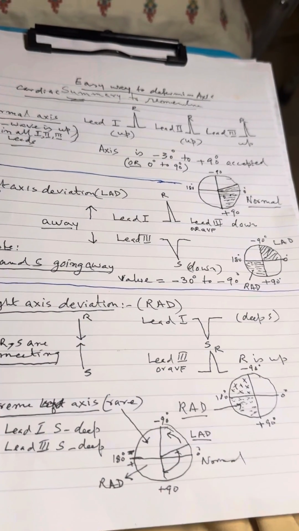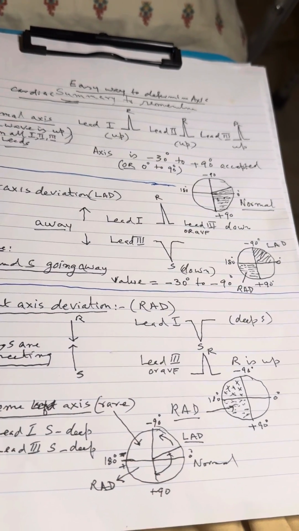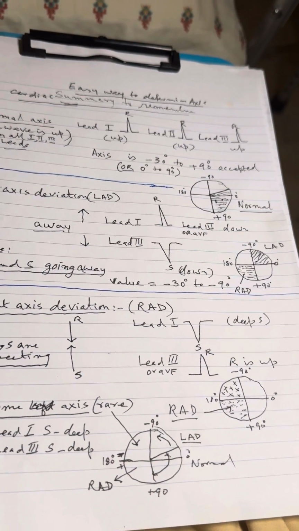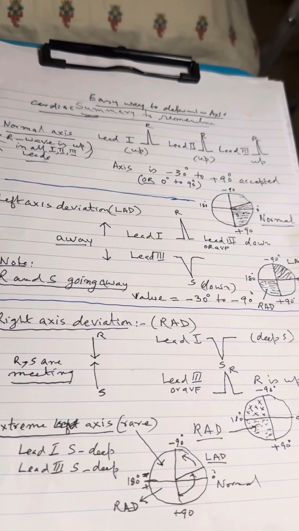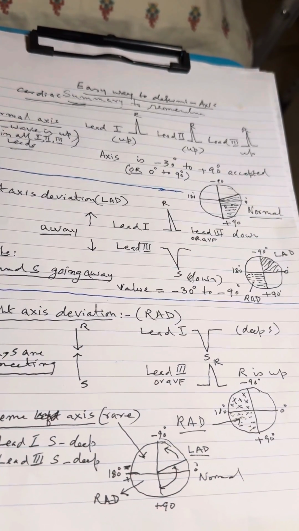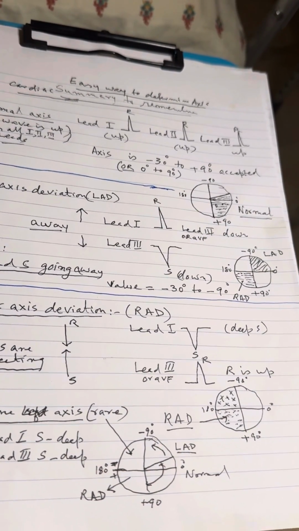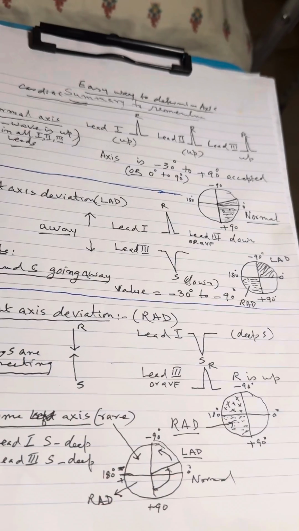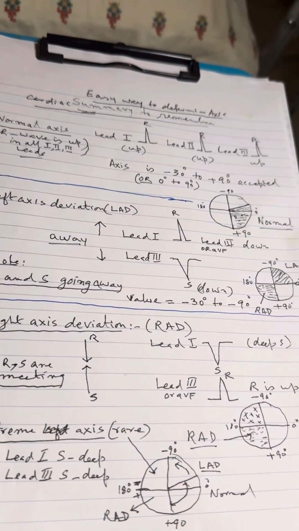So to sum up, normal is when lead 1, lead 2 and lead 3 are all up or positive. Now in left axis deviation, the R is positive and S is negative. That means R is going up, S is going down. They are not meeting, they are going away.